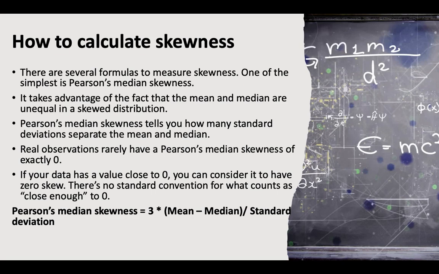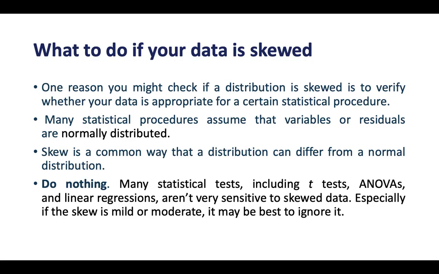In simple words, if we take the difference between the mean and median, how many standard deviations are there between these two values? So this is Pearson's median skewness, and this is how you calculate the skewness of the data.